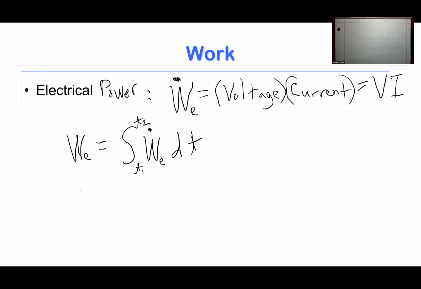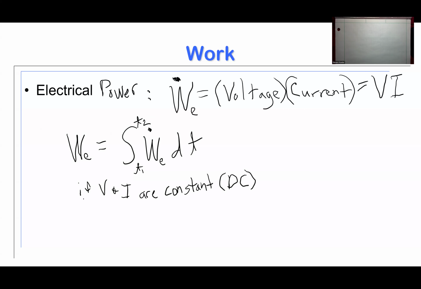Now, if voltage and current are constant, we call this direct current or DC conditions.